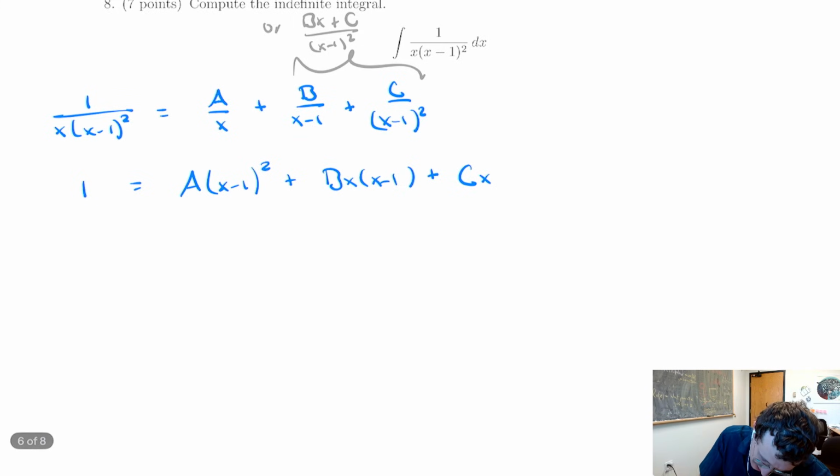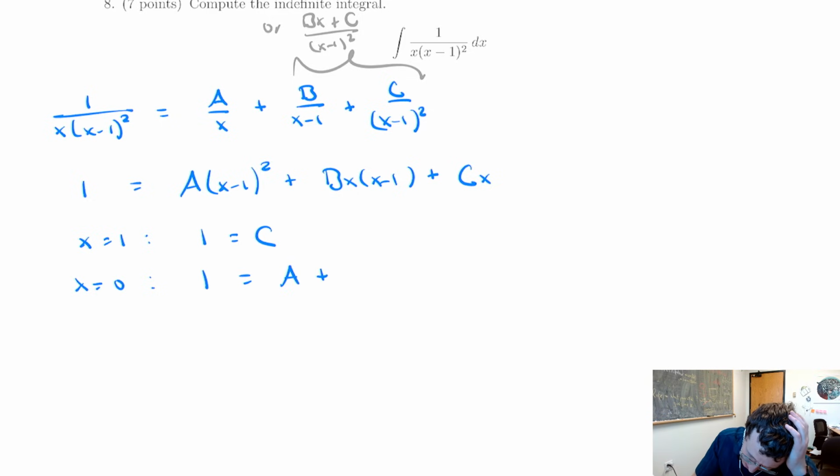And now I'm going to plug in x equals 1, which is going to give me, nope, that's c equals 1. That was easy. I'm also going to plug in x equals 0, and that's going to give me 1 equals a plus, oh, that's it.